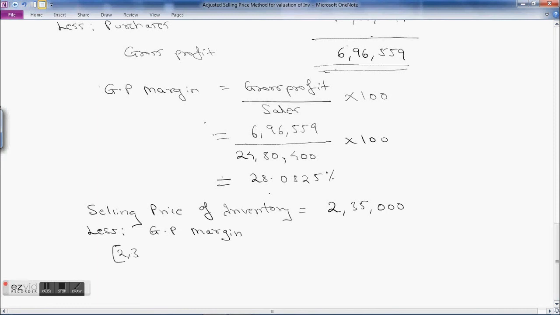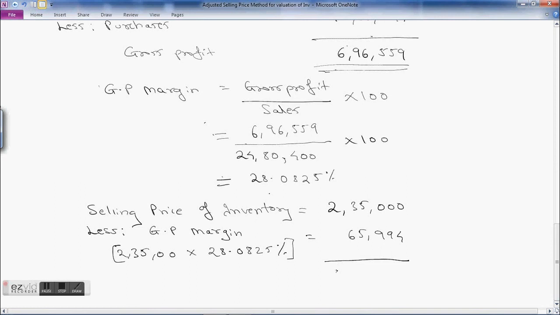So 2,35,000 into 28.0825% comes to 65,994.